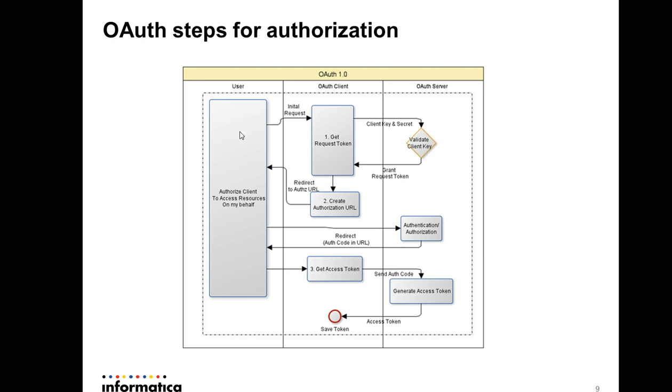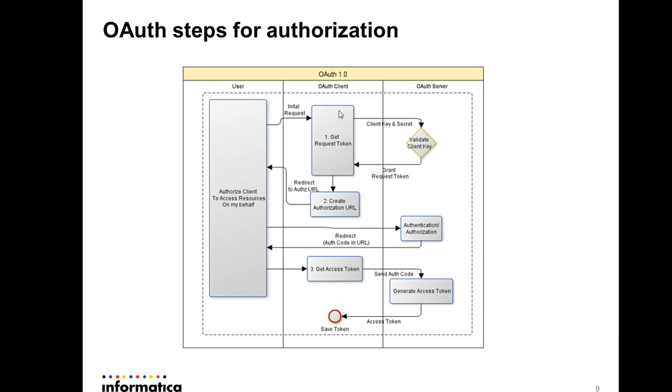when a user initiates a request that this application has to be given access to read or write the user data, then this application has to be verified by the server via an application key, or you can say the client key and the client secret.